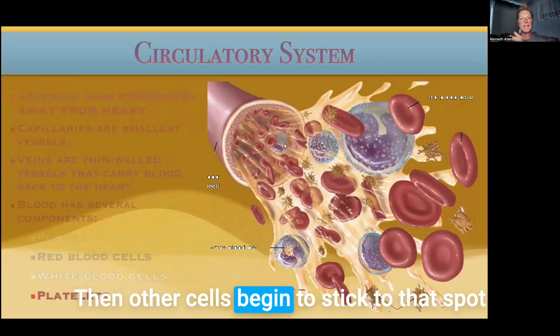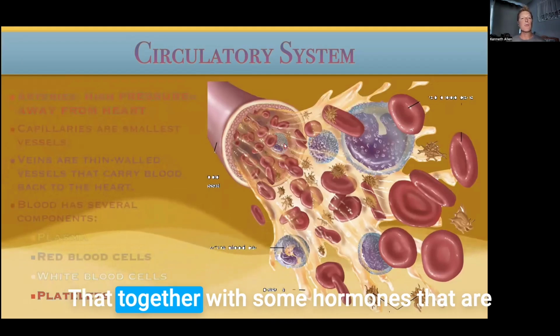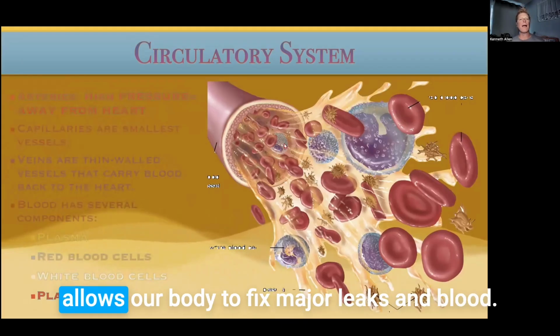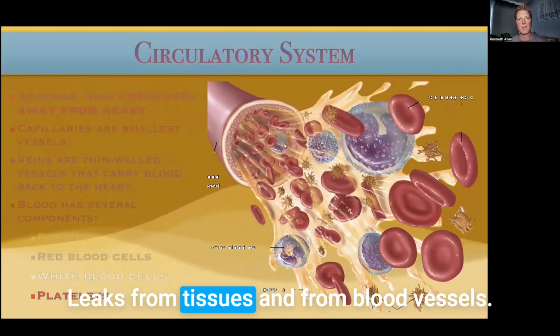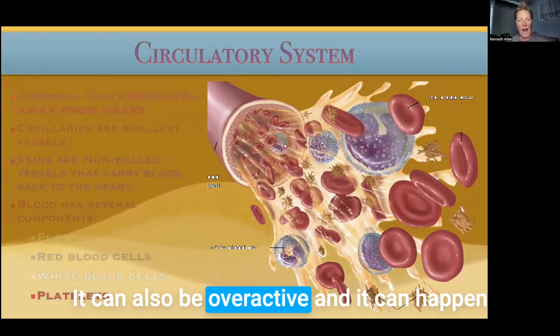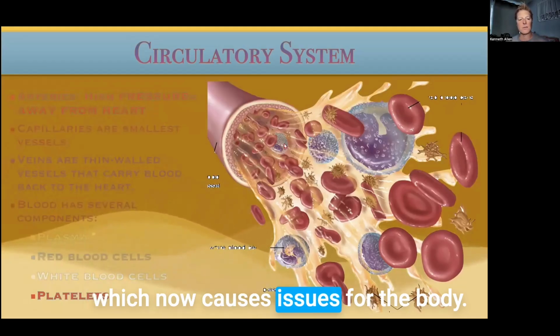Then other cells begin to stick to that spot, and we get tiny microscopic scabs or clots. That, together with some hormones that are produced during a clotting cycle, is what allows our body to fix major leaks from tissues and from blood vessels. It can also be overactive, and it can happen to a point where there's too big of a clot, which now causes issues for the body.